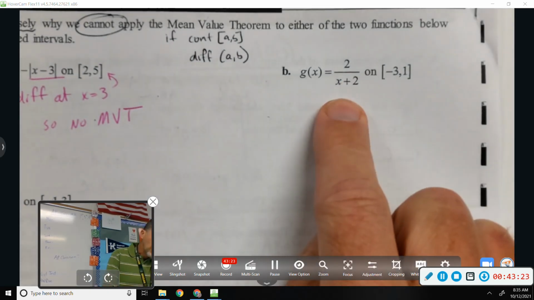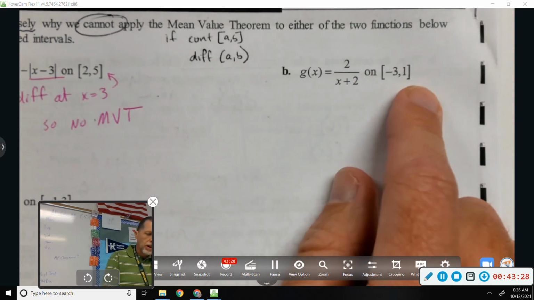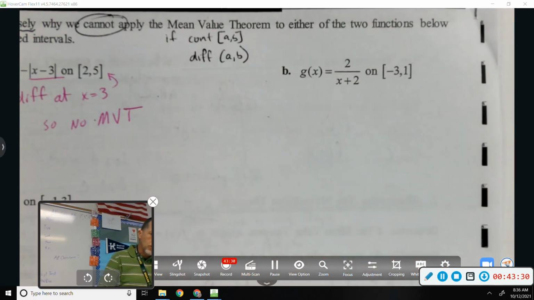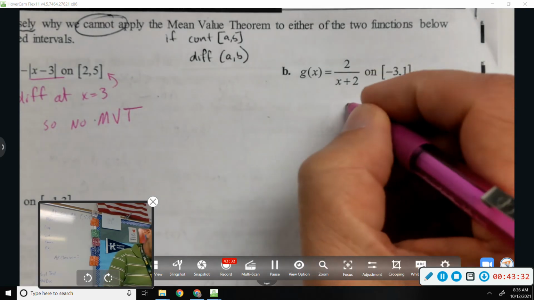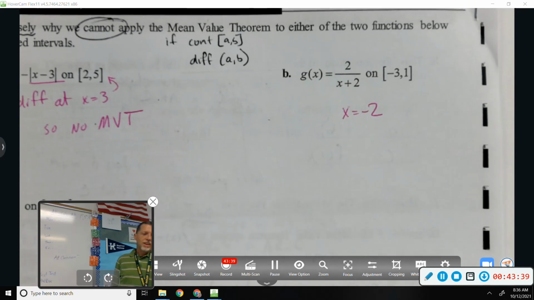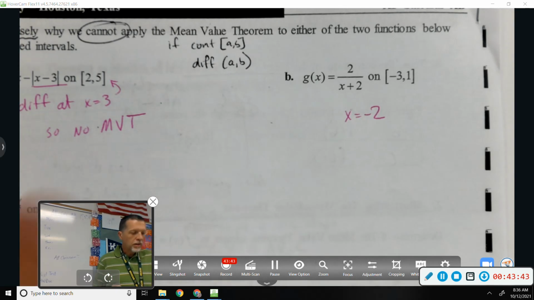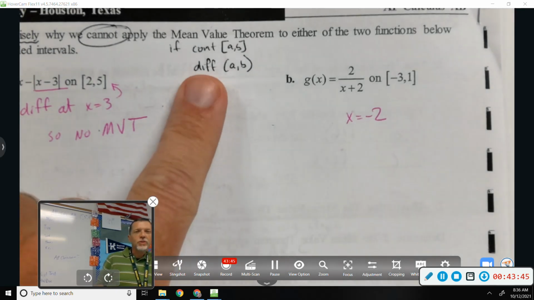Part B. G of x equals 2 over x plus 2 from negative 3 to 1. What's going on at negative 2? So you're right, there's a problem at negative 2, but what specifically is the problem? Okay, it's a vertical asymptote, it's undefined, but let's use one of these words specific to the MVT.